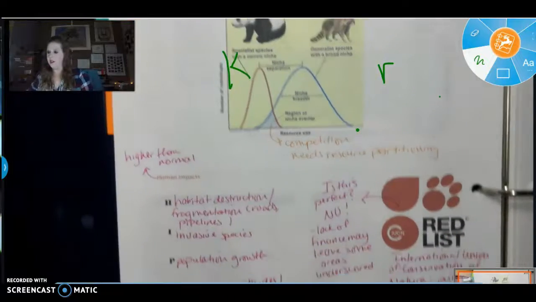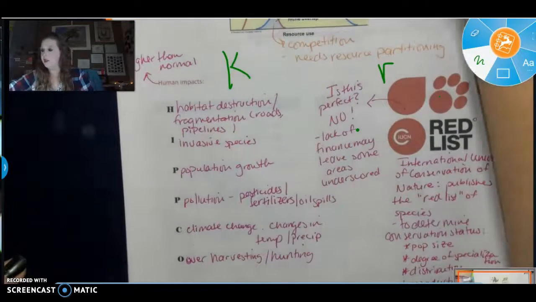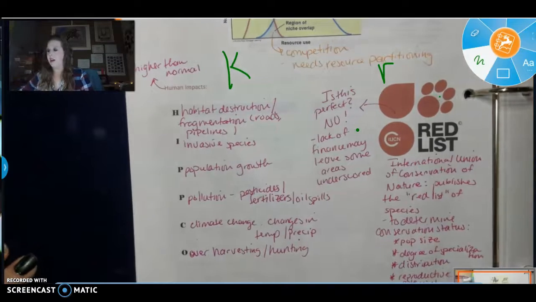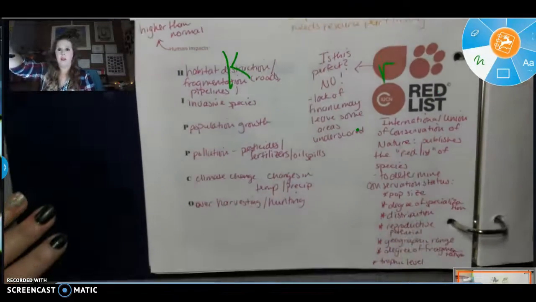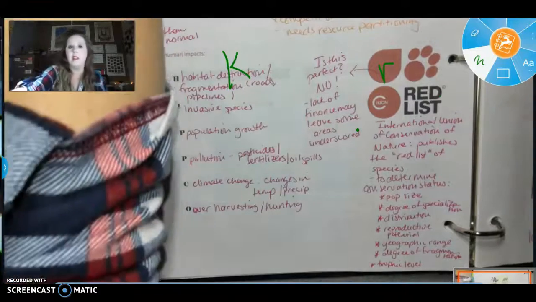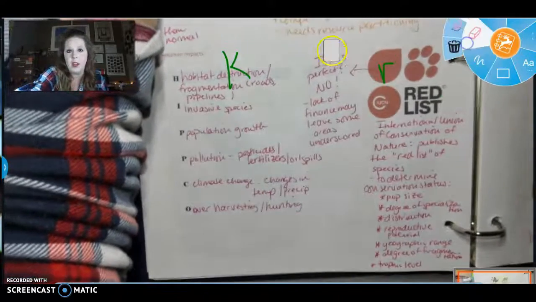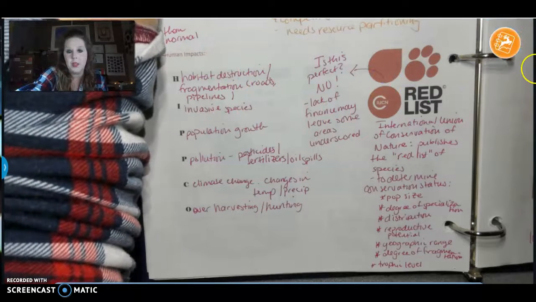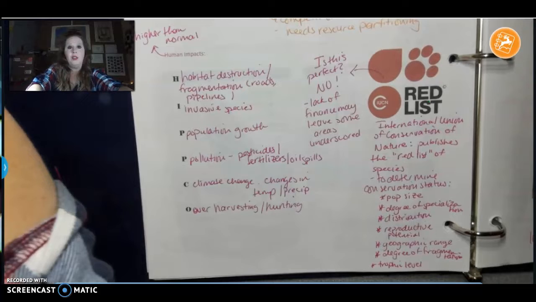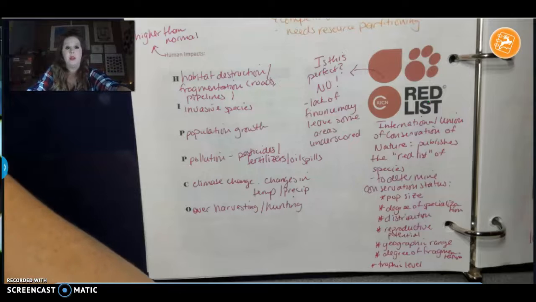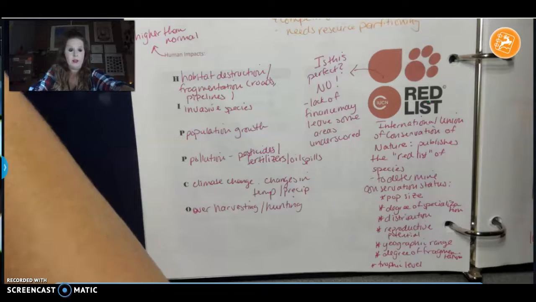So I'm going to go down here, and this is going to give us our first kind of introduction into the way that we look at endangered species. Okay. Hopefully you guys can read my handwriting right here. So I'm going to go ahead and erase these two. So when we look at endangered species, we're typically going to be relating it to human impacts.